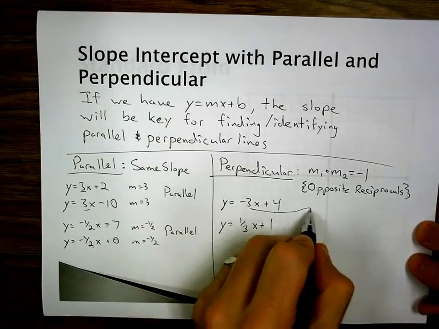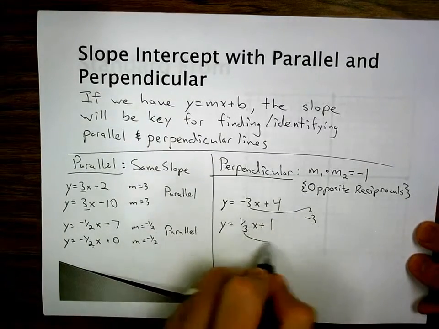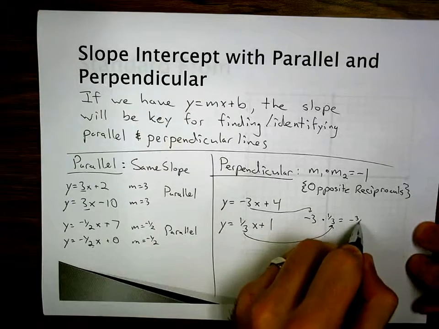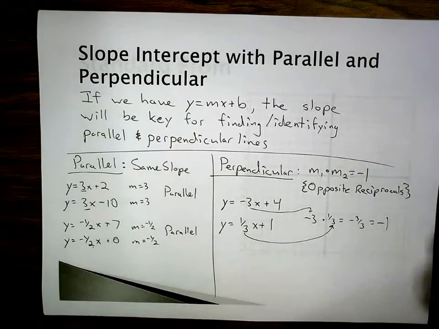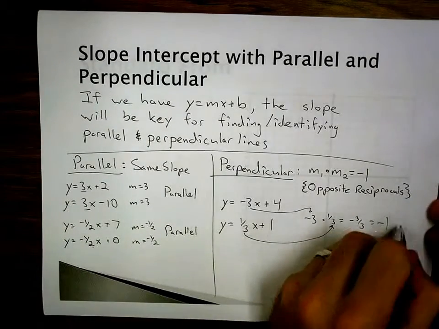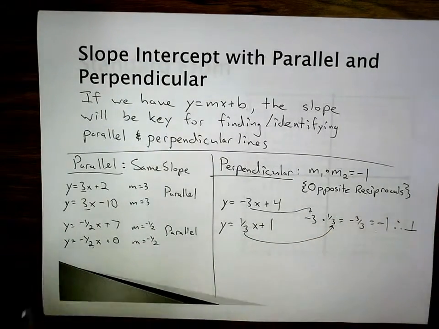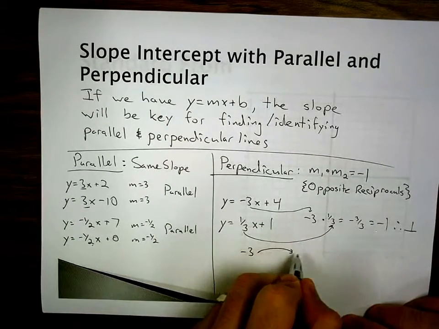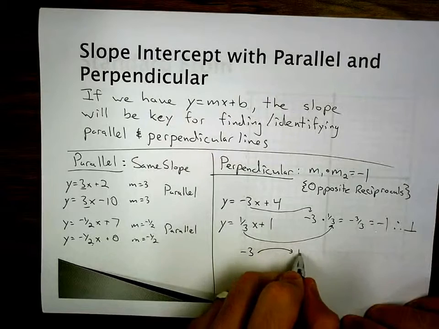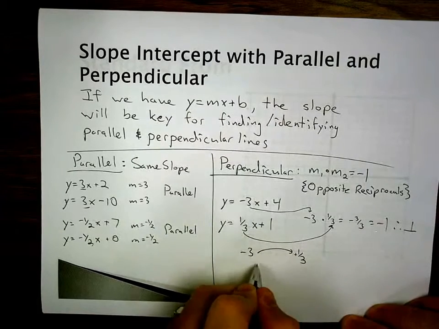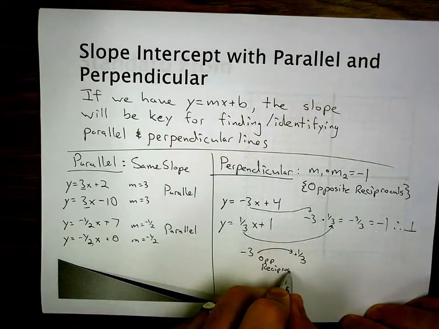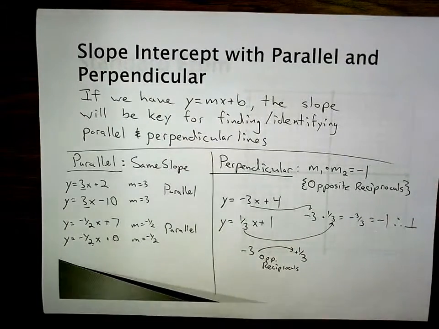When I look at the two slopes, I have negative 3 and I have 1/3. If I multiply those together, it comes out to be negative 1. That's enough to say that they are perpendicular. But you can also realize, from negative 3 to positive 1/3, they are in fact opposite reciprocals of each other, which does mean they are perpendicular.